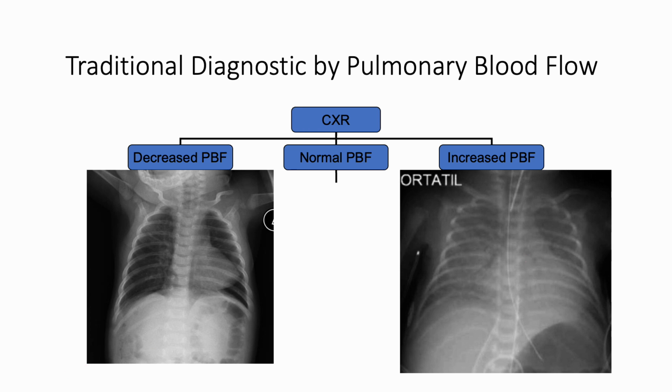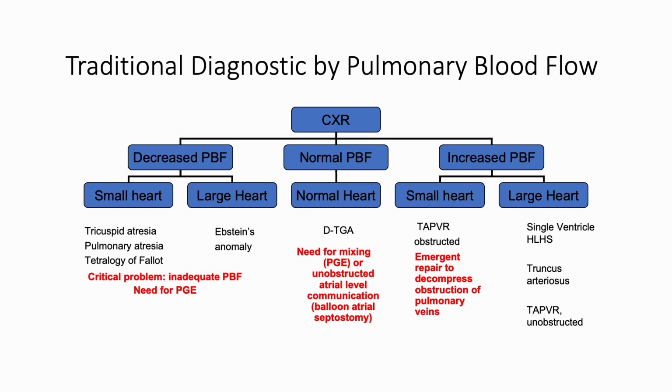Increased pulmonary overcirculation. So with that, once you look at the decreased pulmonary blood flow, then you look at the heart. Do you have a small heart or a big heart? If you have decreased pulmonary blood flow in a small heart, you're looking at the right-sided lesions that are tricuspid atresia, pulmonary atresia, where your right side is kind of missing, and then tetralogy of Fallot, where you can have pulmonary stenosis.